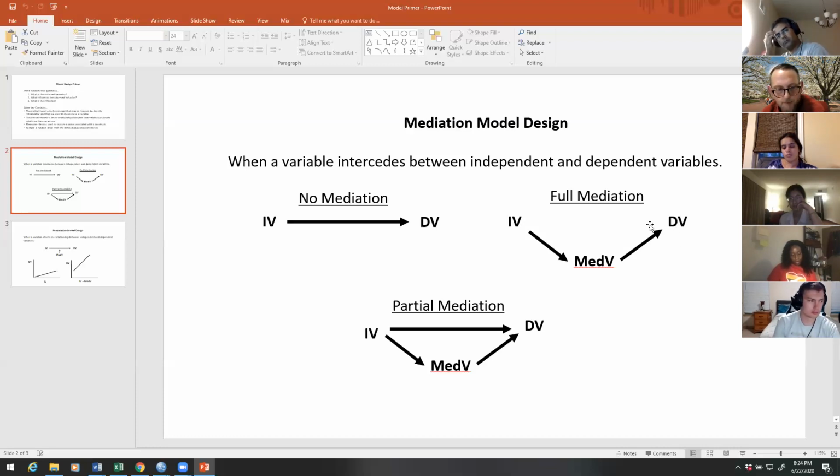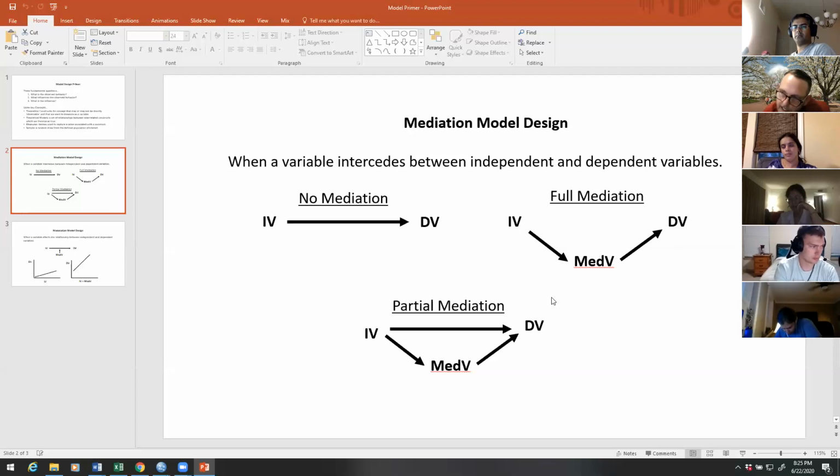This could be something like a two-stage regression, where you do one step and then you use the first step to do the second step. There are also hierarchical and nested regressions. These are all somewhat similar types of things where you do a step first and then a second step within the model.